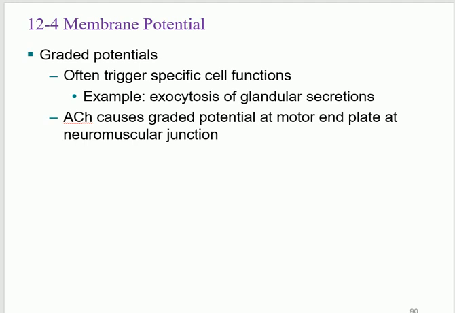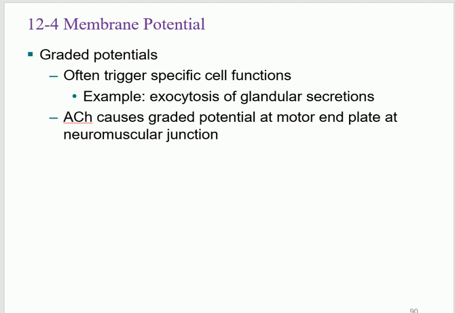So that graded potential that's created, what starts that graded potential? It's different things depending on what type of channel it is. Is it chemically gated? Is it electrically gated? Is it physically gated? Do you remember these different types of channels? So it all depends on what type. Like in this case, for acetylcholine, these are chemically gated channels.